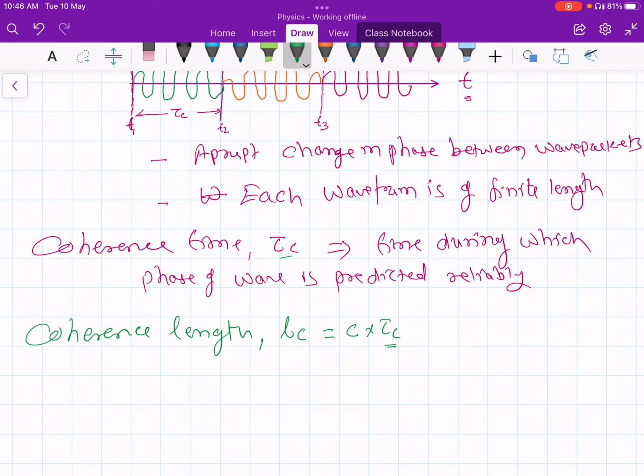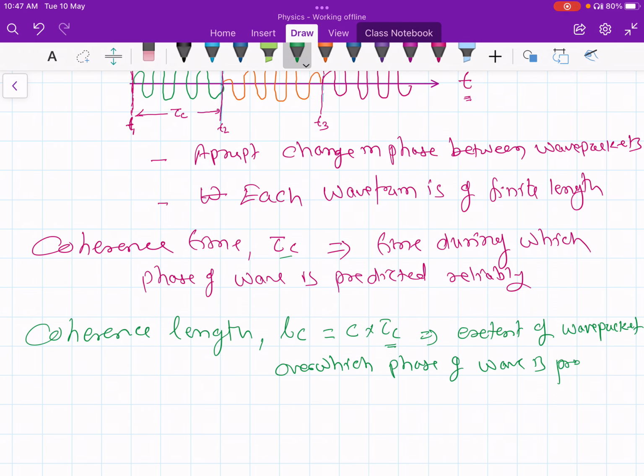And this Lc is called the coherence length. Or you can define this coherence length as the extent of wave packet over which the phase of wave is predicted reliably.